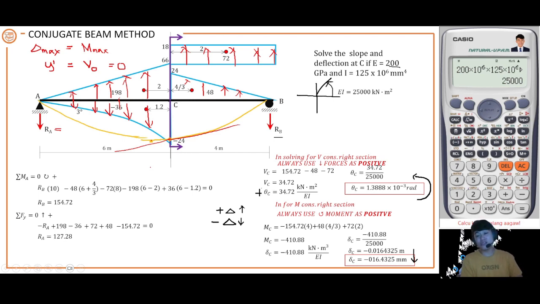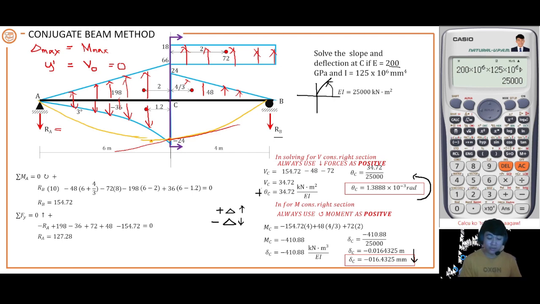Okay? So, that's it, no? For me, this is the easiest method, the conjugate beam method, because you're just solving the shear and moment of a conjugate beam. And that is already equivalent to the slope and deflection. But of course, you cannot do this if you don't know how to convert a real beam to a conjugate beam.